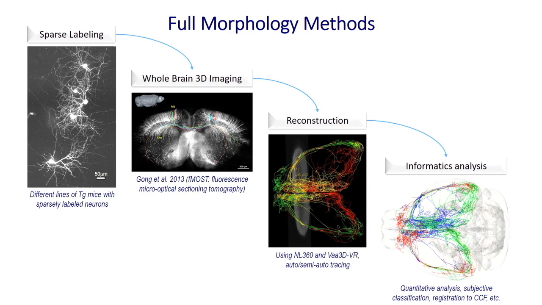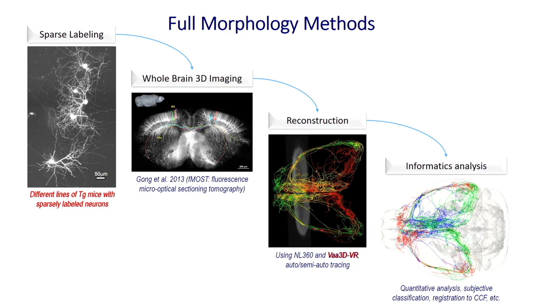We are able to get complete neurons by taking advantage of 2 major tools. One is the transgenic lines, different lines of transgenic mice, which allowed us to carry out a systematic study on a specific type of neuron.